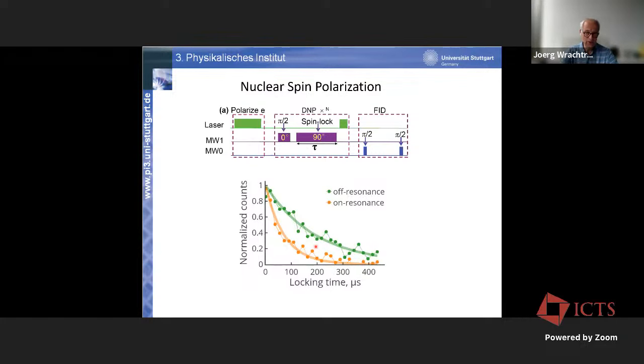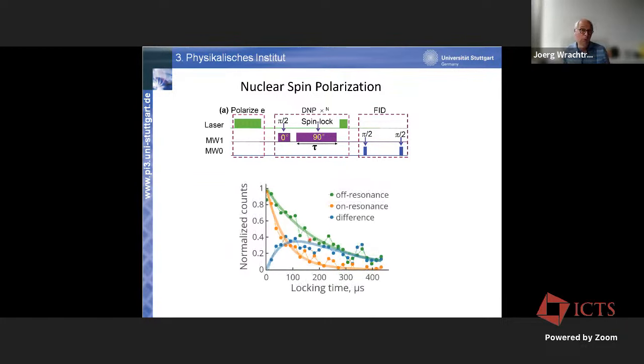But if I design a situation where my electron spin splitting is exactly equivalent to the nuclear spin splitting, what I call on resonance here, you see that this decay is way faster. And the difference between the two curves, I can plot it. This blue curve marks the polarization or heat or entropy transfer between electron and nuclear spin. And you see what is happening.